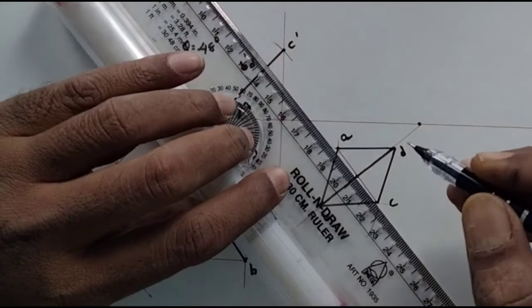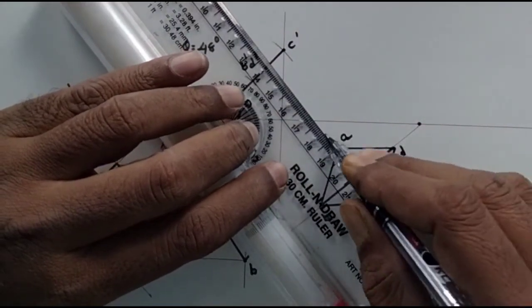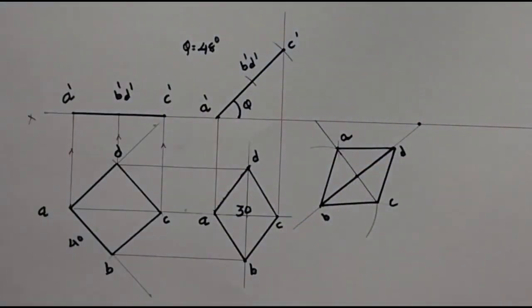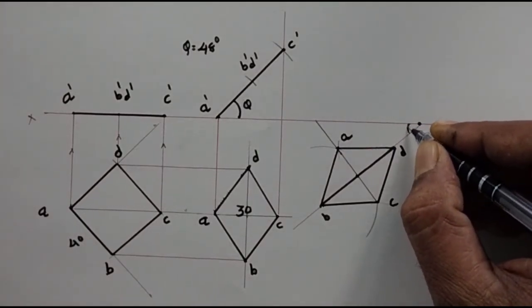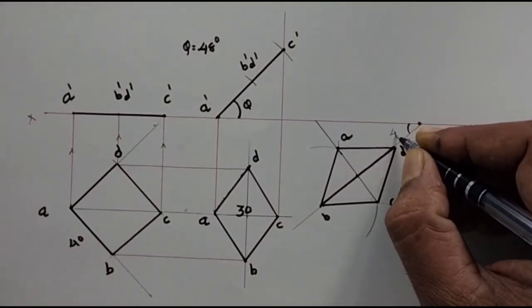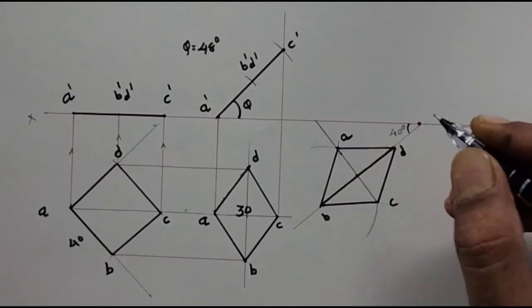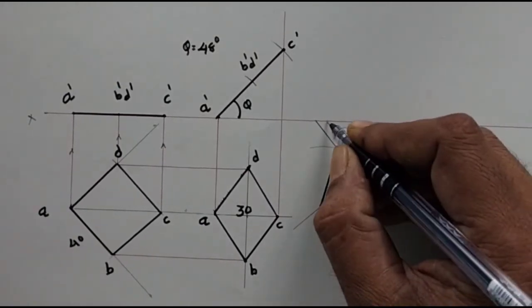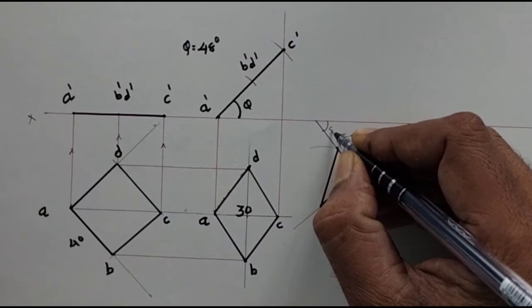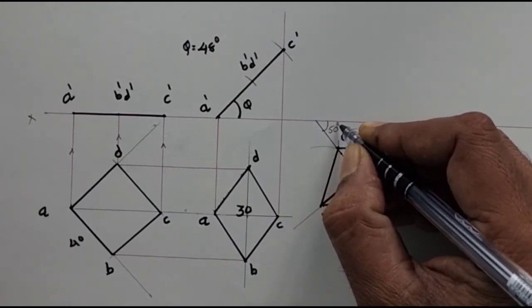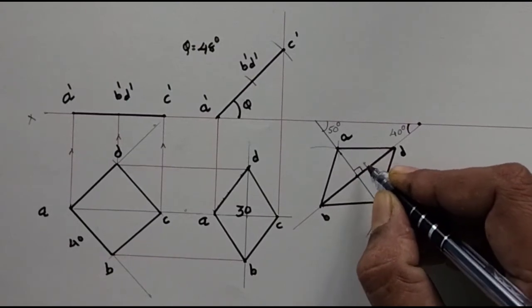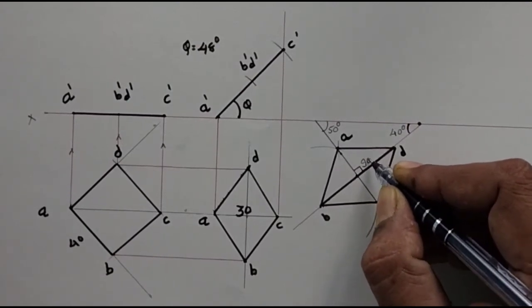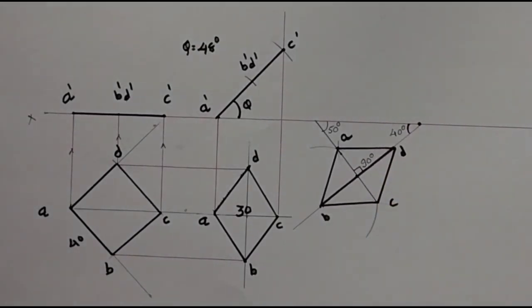So if we extend this plan diagonal with VP plane, my BD diagonal is inclined to VP at 40 degree. So this plan diagonal is inclined to VP at 50 degree, because both diagonals act at 90 degree to each other.